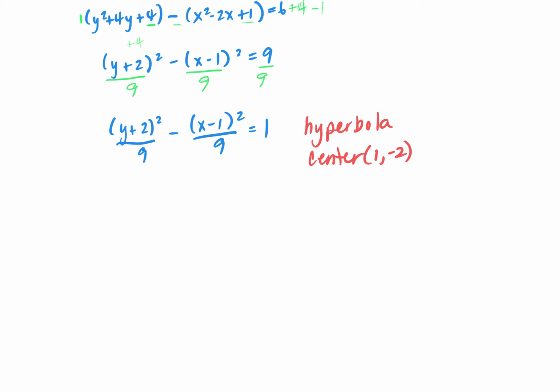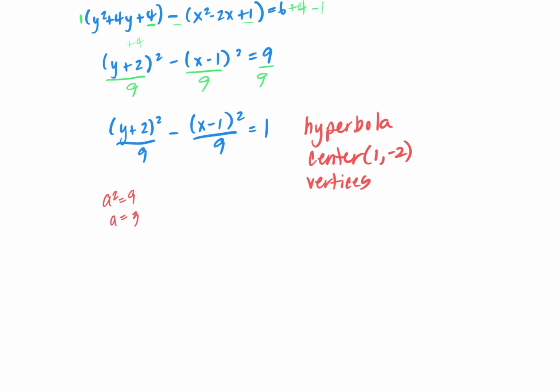So remember, we put the h value, which is next to the x, first in the center always. So our vertices, if we change our y value by adding and subtracting, so a squared is equal to 9, a is equal to 3.